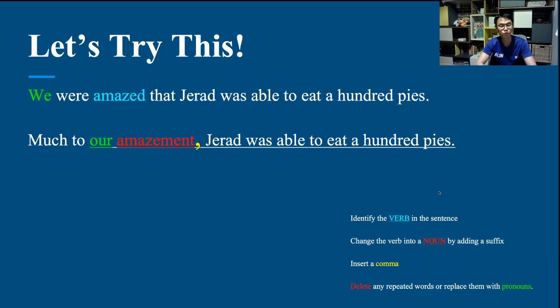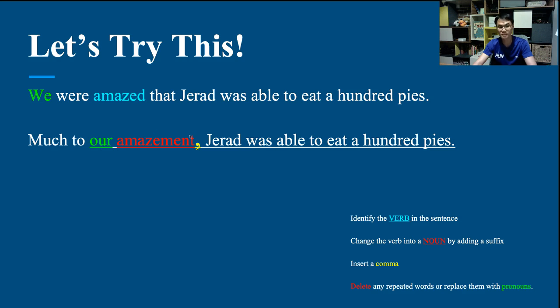So much to our. Notice that we changes in its pronoun form into our, and our is the possessive pronoun that links to the amazement that is felt by us. It's our amazement, so we becomes our. The pronoun we becomes the possessive pronoun our.